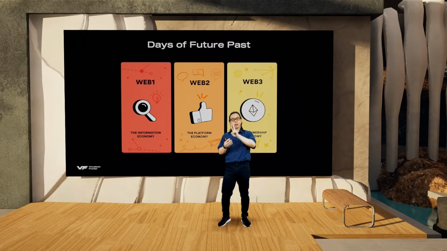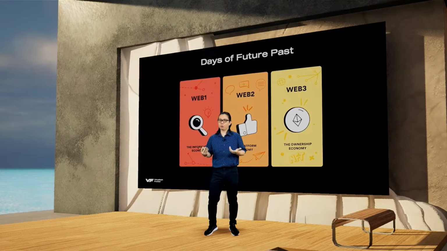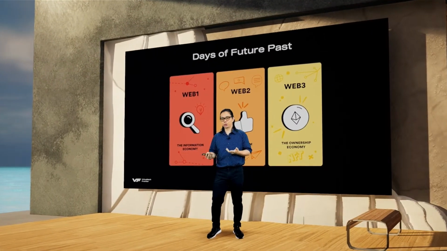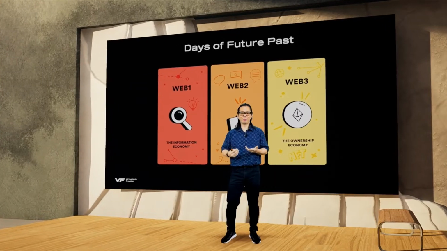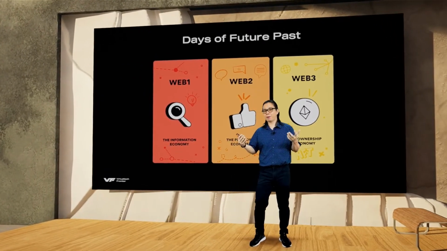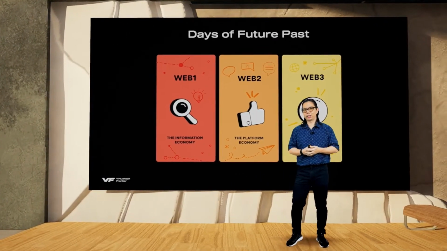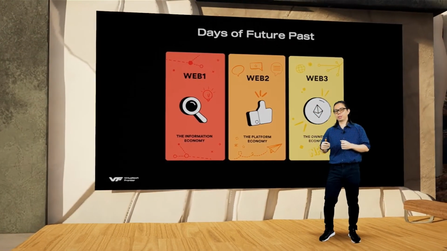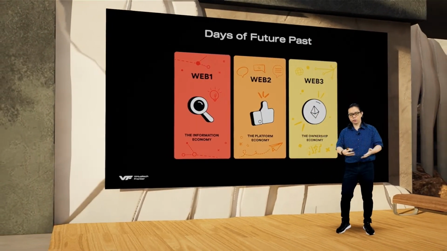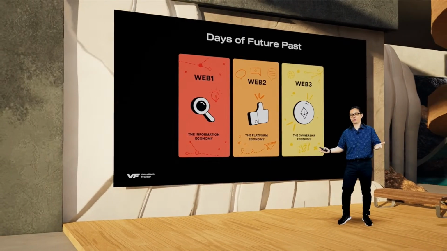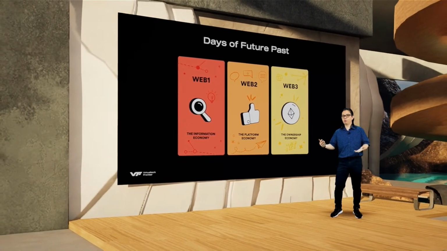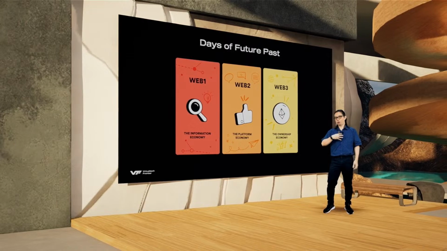Now, in Web 2, where we are today, and we're slowly upgrading from, we are in the platform economy, because everybody uses platforms. We're all on social media, we all have free accounts and websites, we all have Google accounts and Microsoft accounts, and we use it for everything. But it's owned by the bigger companies. They are the platforms that allow us to use all manner of services that we know and we love for free in exchange for our data.